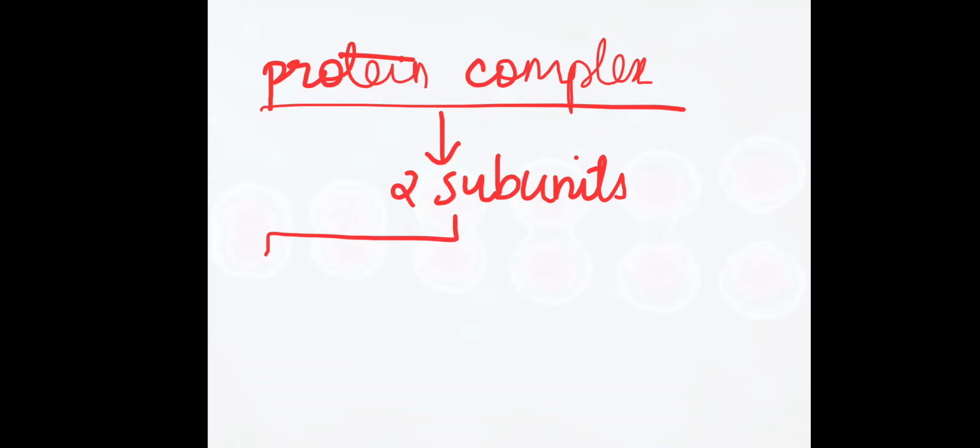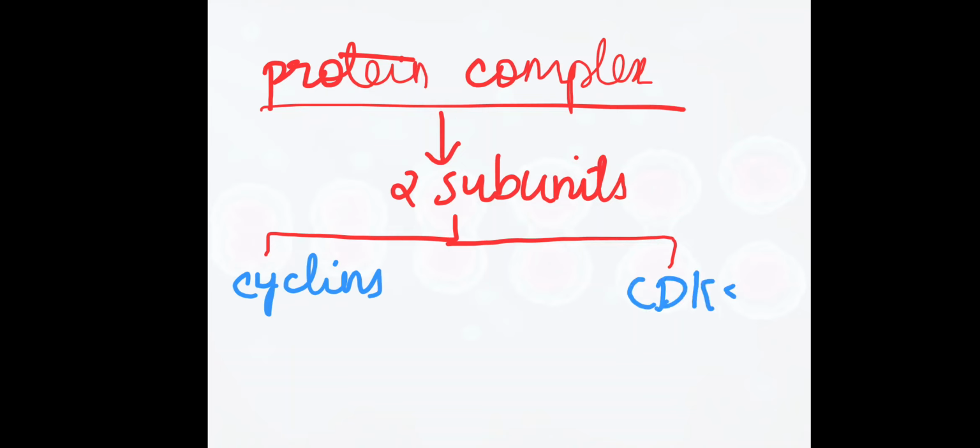The protein complex is made up of two subunits. They are cyclins and CDKs. Cyclin and CDK.